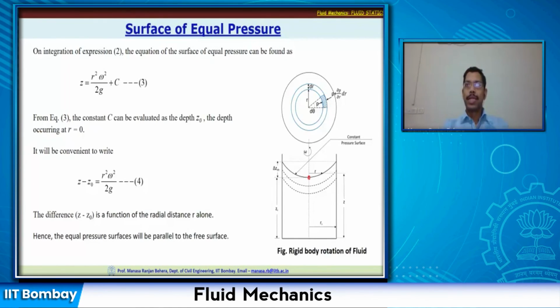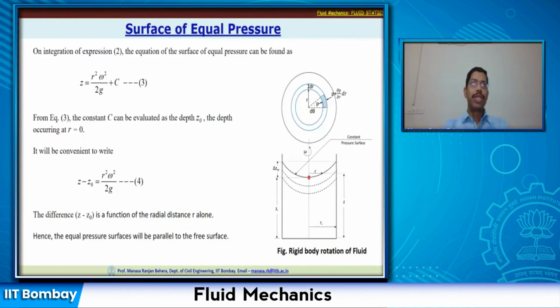So that is the distance of this point, that is from the bottom of the tank to this free surface at the axis line, and that is nothing but my z0, and r is equal to 0. If we substitute these two, we can find out your c is equal to z0, because r is 0, so z is becoming z0, and so c will become z0.